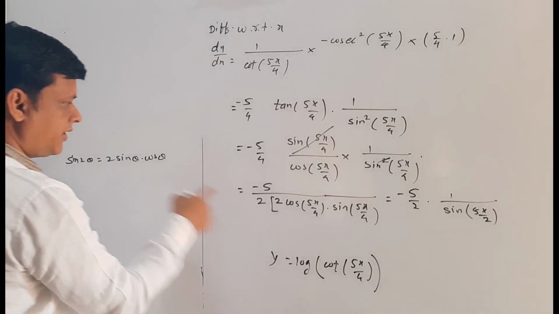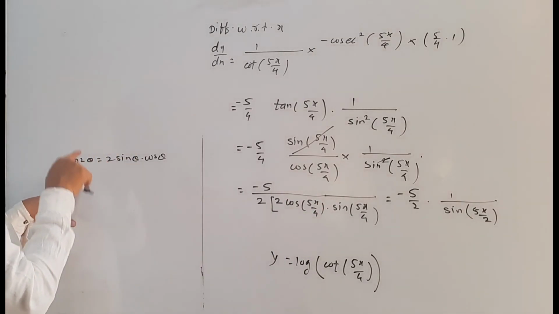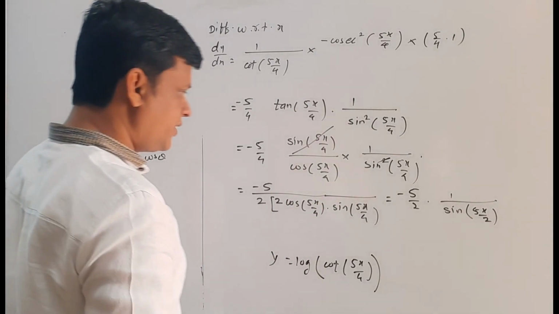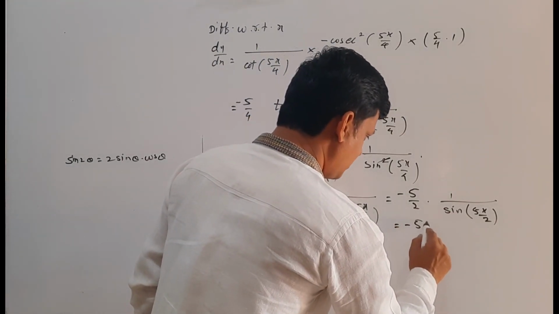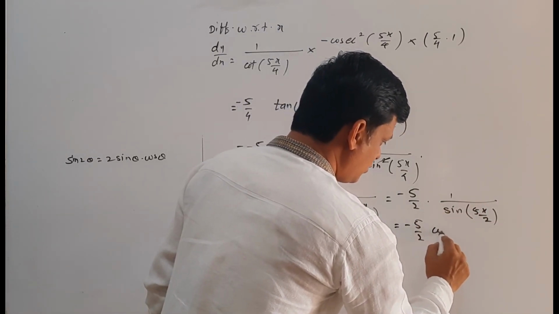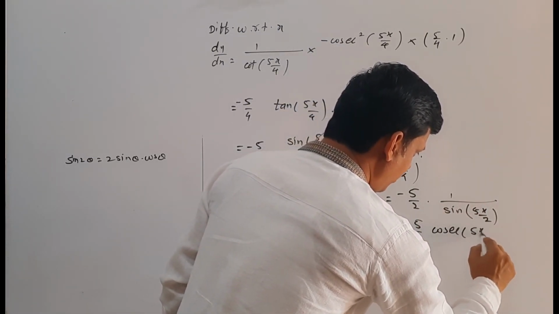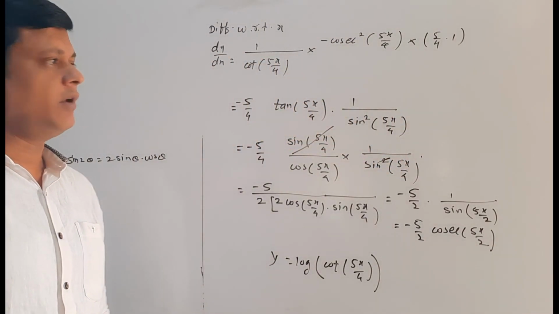Here in place of theta we have 5x by 4. So on the left hand side 5x by 4 into 2, using that we get here sin 5x by 2. So we write minus 5 by 2, 1 upon sin, which we write as cosec. So we write cosec 5x by 2. So in this way we find the derivative of the given function.